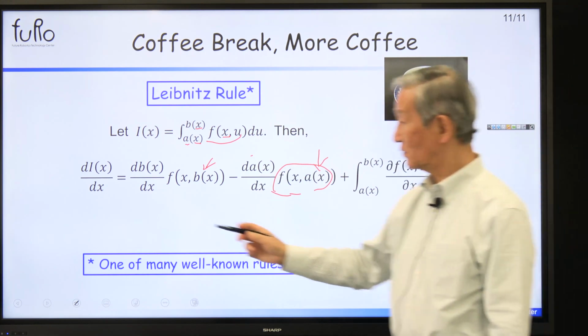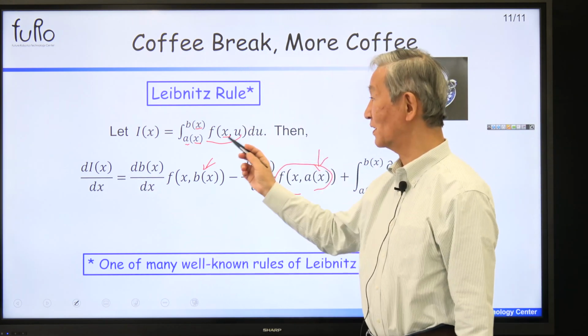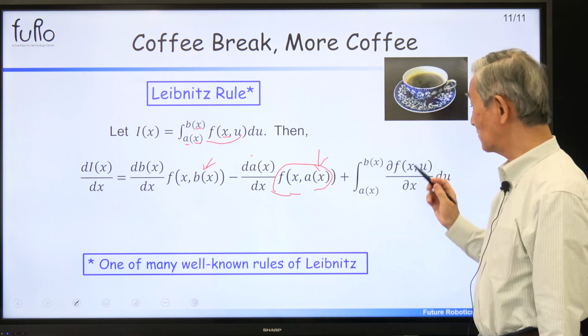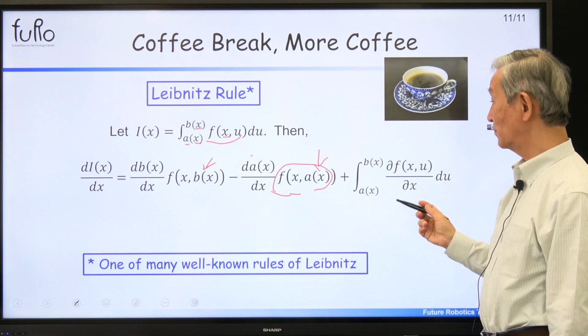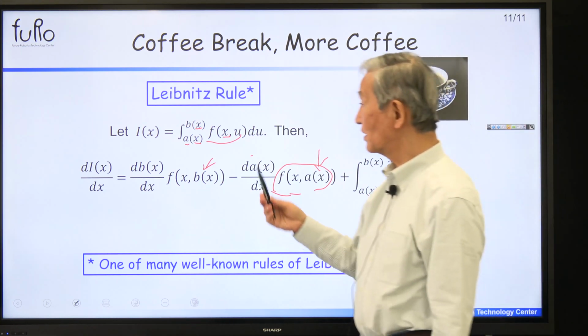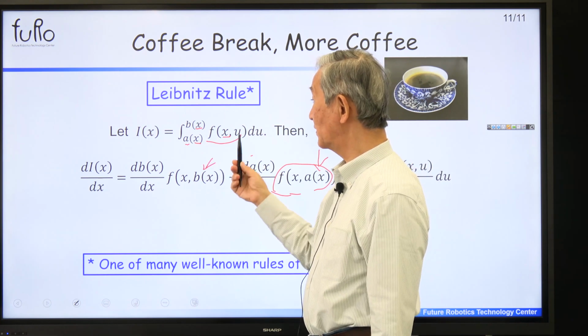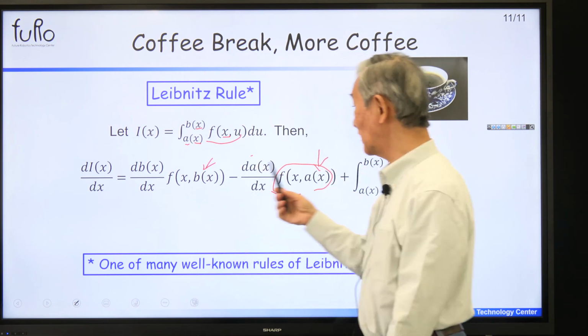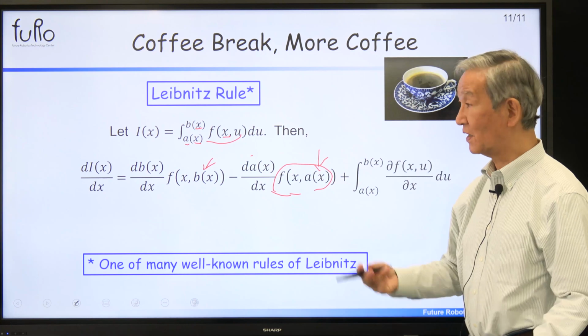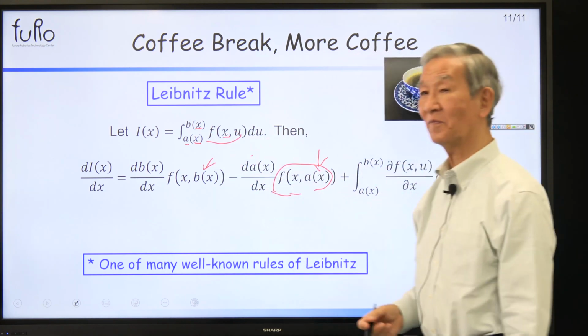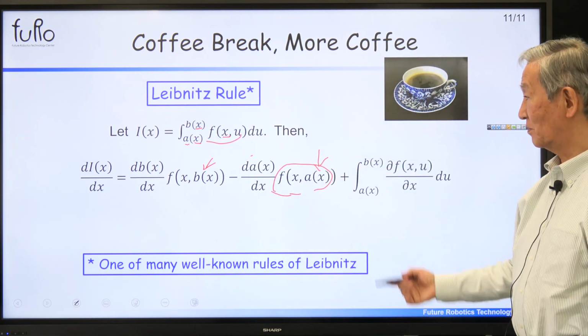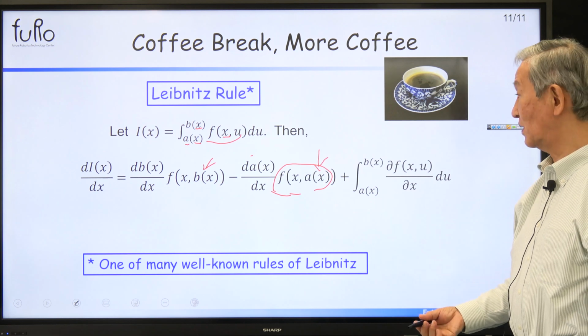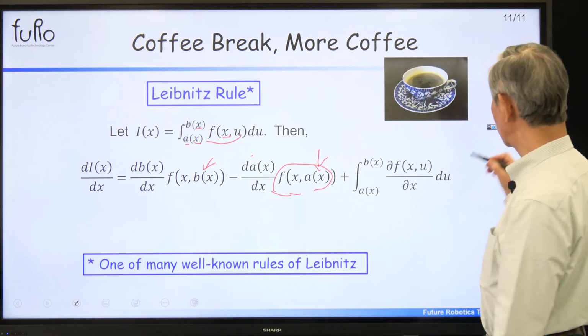But since you are differentiating in terms of x and the integrand has two variables, the differentiation has to be partial differentiation. So naturally, there are three places where x comes in, so you will have three components. This is a beautiful formula which you can apply to many different occasions.